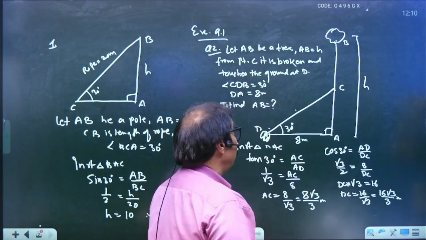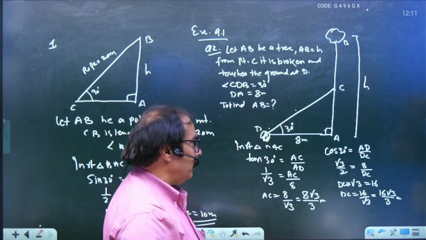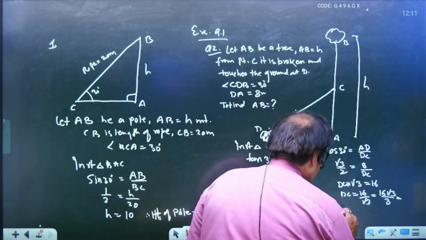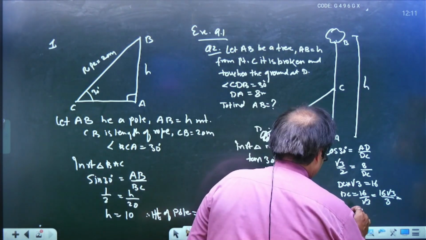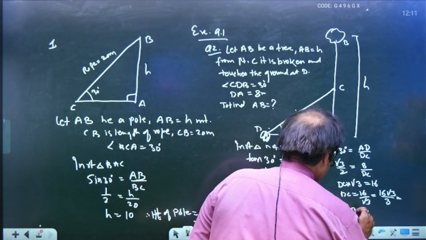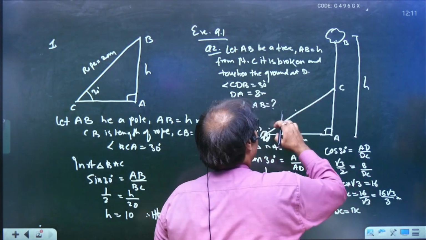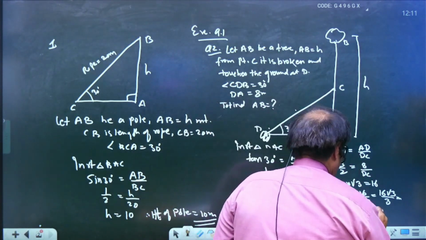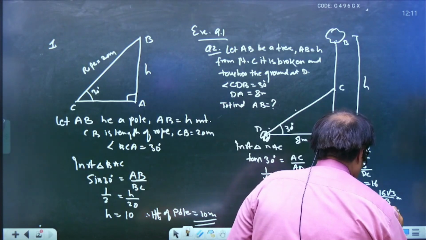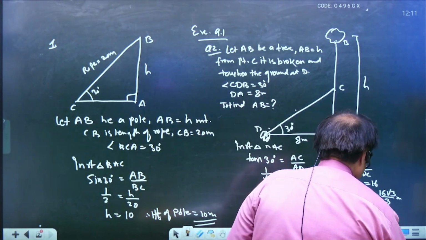Okay, this is the value of DC, and as per the question, DC is equal to BC because this portion is the broken part. This is equal to CB and this part is equal to 16 root 3 by 3 meter.